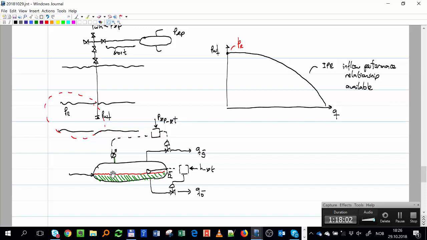Of course, it's not exactly like that. We are simplifying a bit, but we have a bunch of those working with separators.